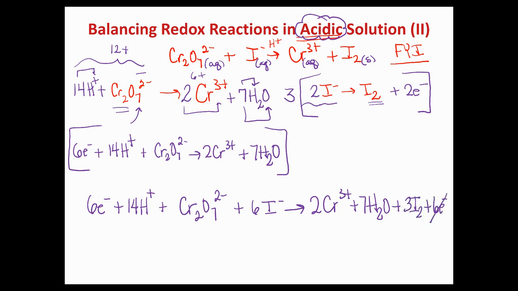And notice we did a good job because the 6 electrons would cancel out. Okay, so there's a lot going on with those. And normally I would encourage you to practice them as much as possible. But under the circumstances, I want you to have this as an FYI that there's a special process for balancing redox reactions.